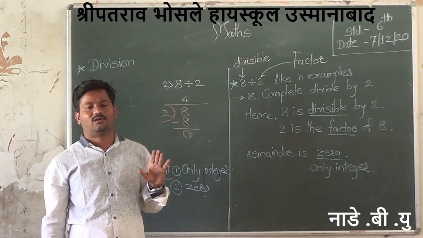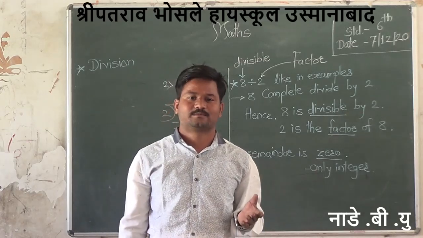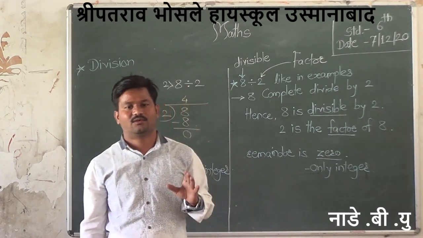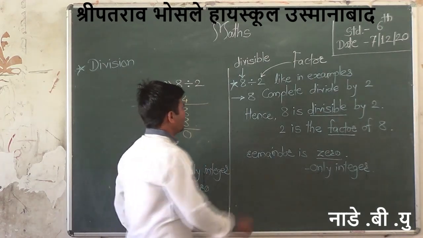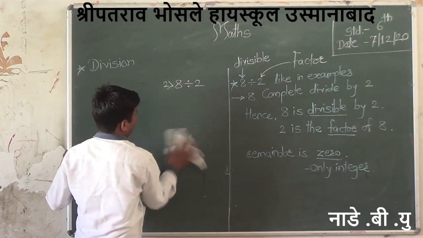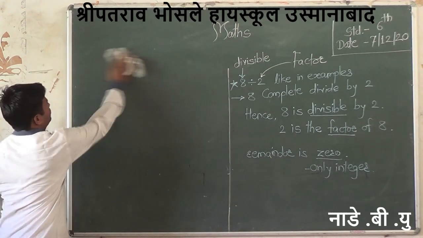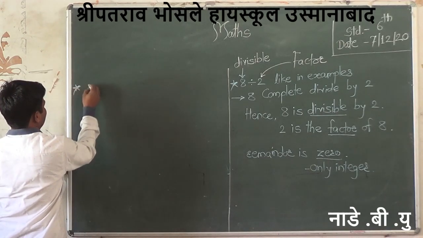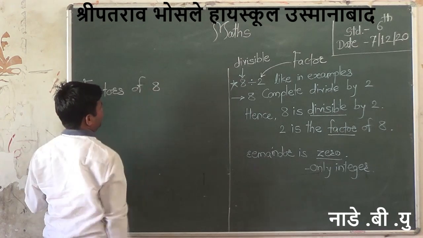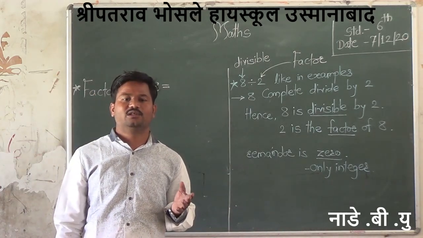And here is the important rule: 1 is the factor of all numbers except 0. Now we see the factors of 8.